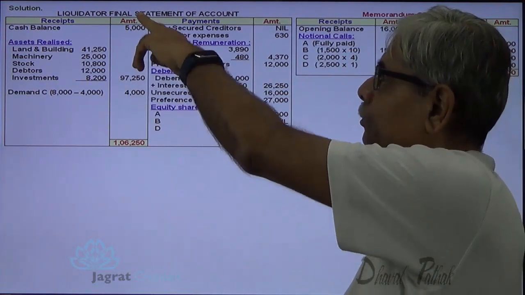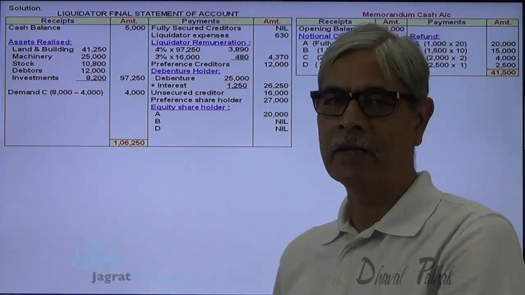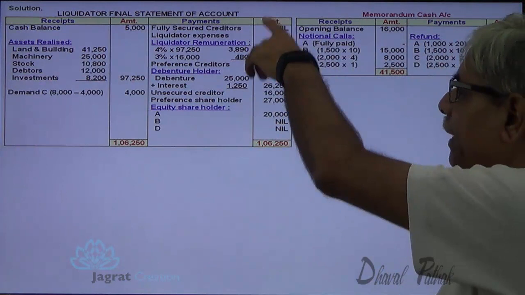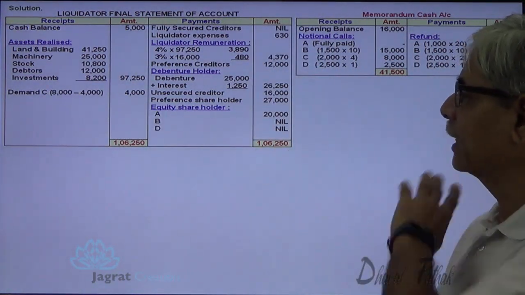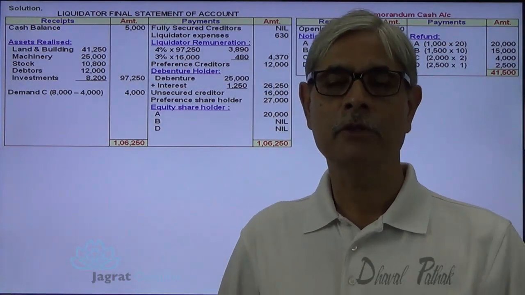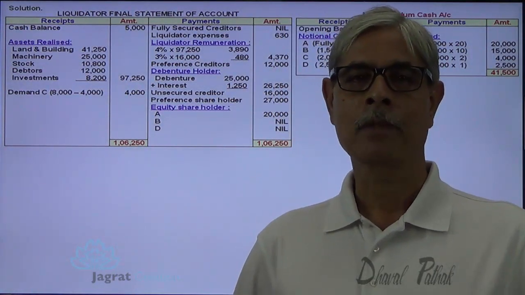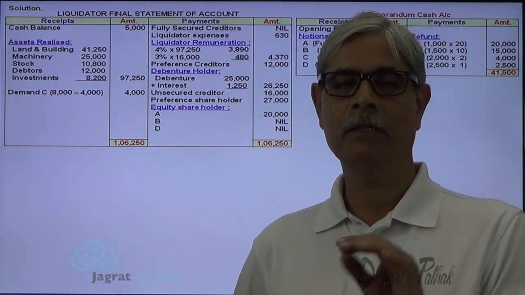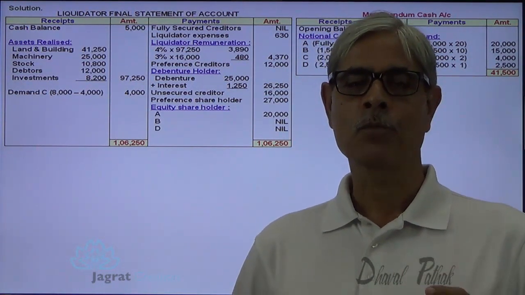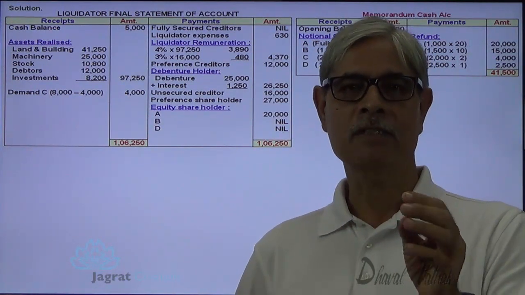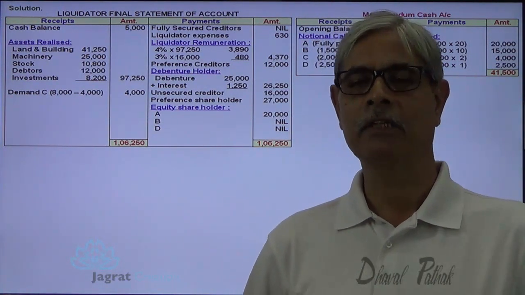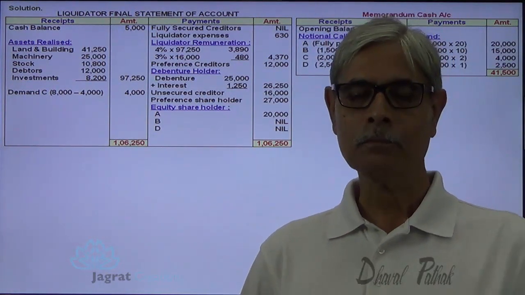So this is how, if you make a total of receipts, it will be 1,06,250. Similarly, if you make a payment here also, it will be 1,06,250. This is how I have gone for equitable distribution of cash available for shareholders in a manner that neither loss nor gain occurs to any category of equity shareholders.